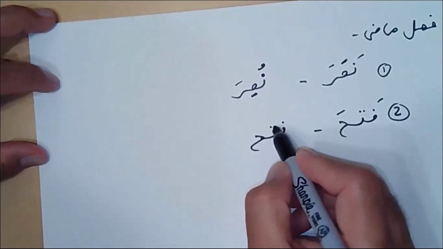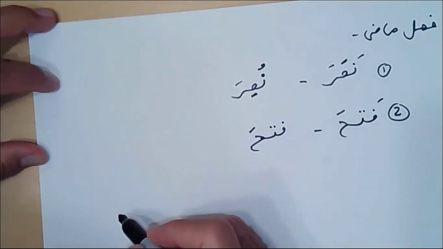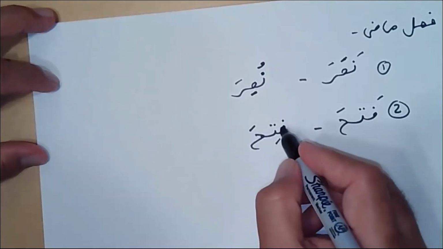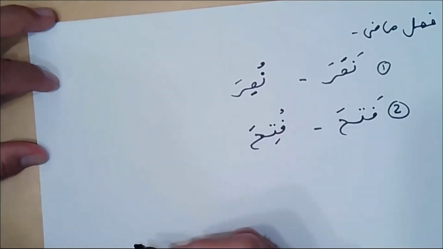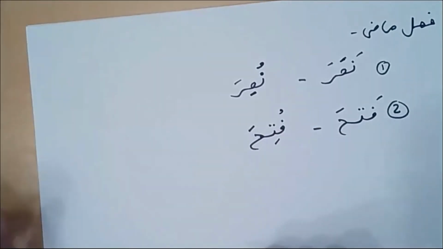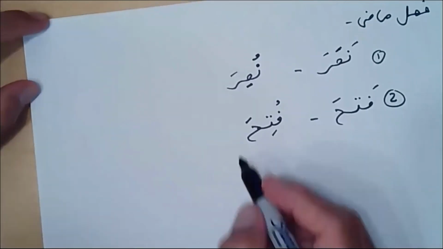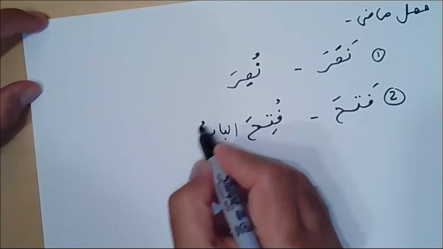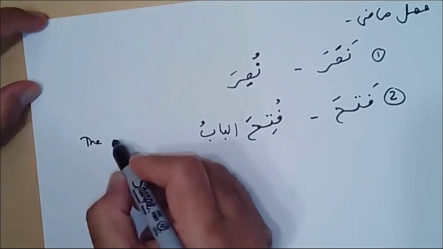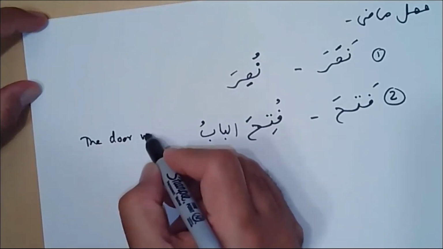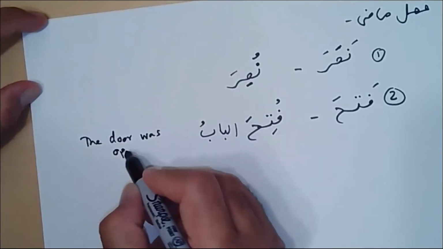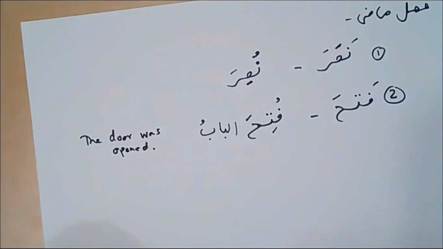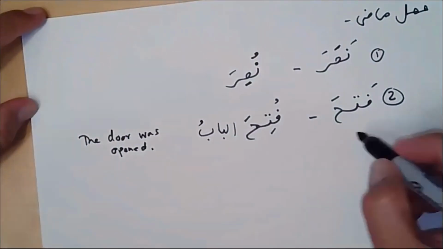The last one will stay the same, the kasra will go on the second one, and the first one will have dhamma. Futiha, so it will be futihal babu. The door was opened. Making sense? Fataha, he opened the door.